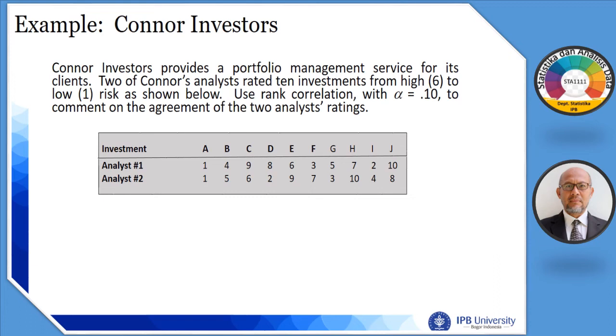Look at this one. We have investments A, B, C until G, and based on analyst 1, the first analyst, he ranked like this in the first row. But the second analyst ranks differently, with the same data, so the two analysts have different ranks for the investments.